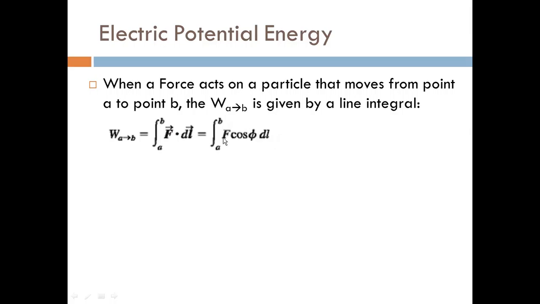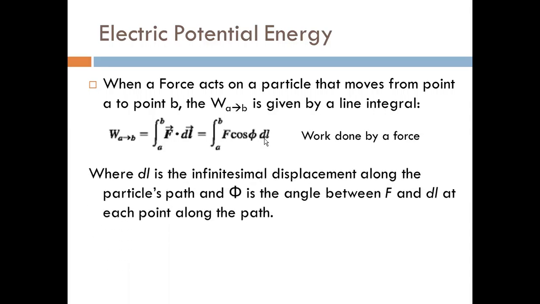Again, you need not worry about the form of the equation. Our approach later on, especially when I present the examples, would be an algebra approach instead of calculus. So the work done by a force, where dl, or L, simply represents the displacement or the distance covered by the object upon the application of the force.